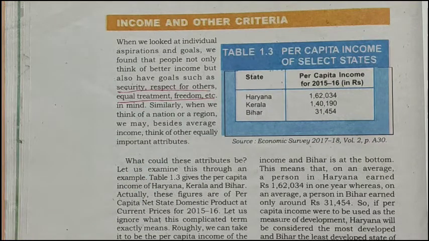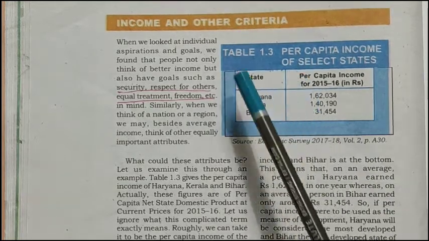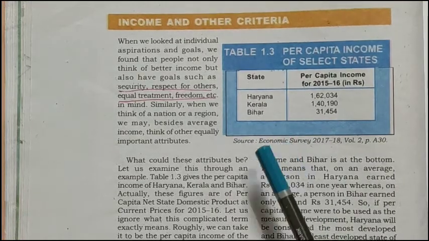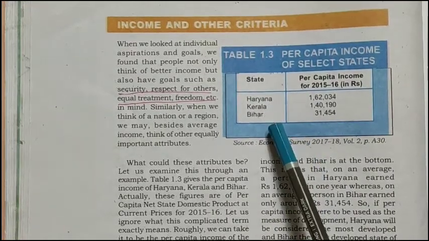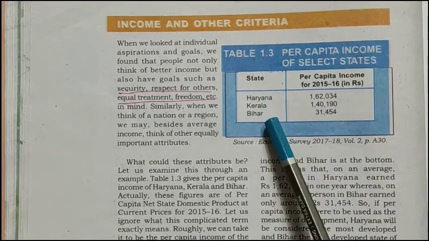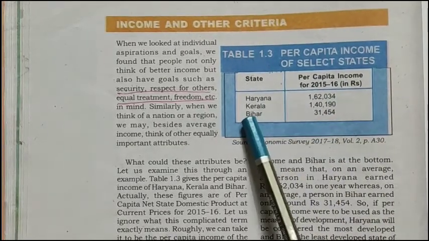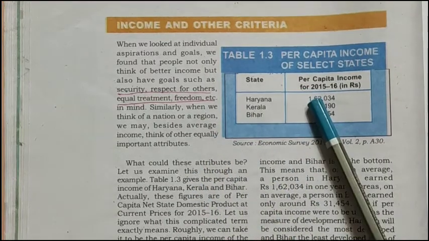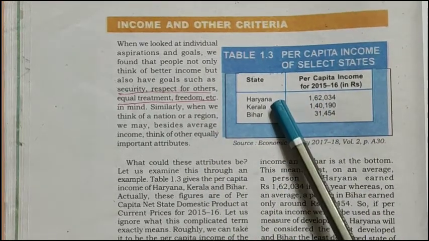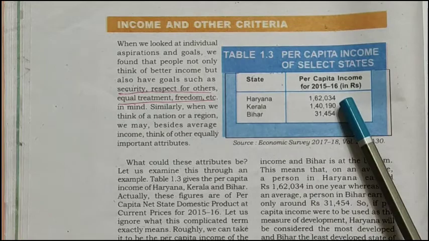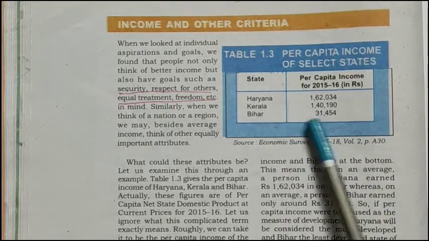What attributes could these be? Let us examine this through an example from this table, table 1.3. Here, 3 states are given: Haryana, Kerala, and Bihar, along with the per capita income of the respective states. Here you can see that Haryana has the highest per capita income and Bihar is at the bottom.